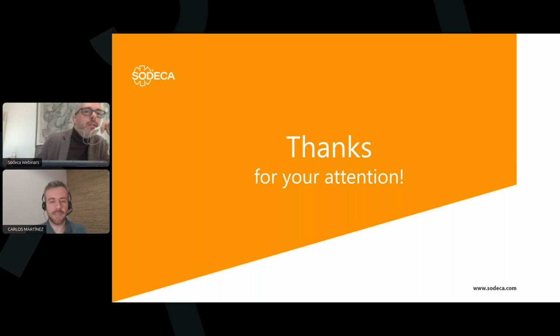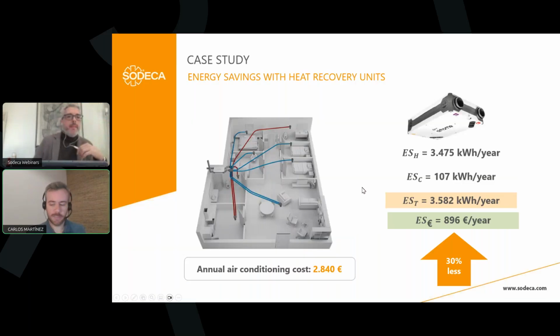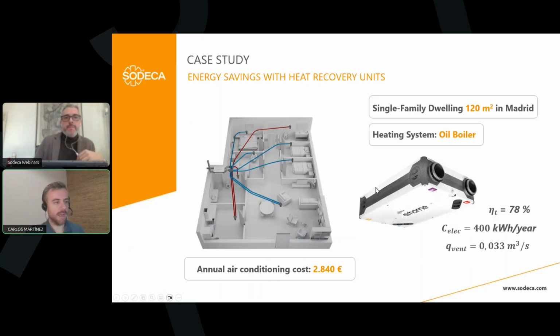Yeah, here we are considering a normal single family dwelling in the north of Madrid. At the start we have both a heating system using an oil boiler and an air conditioning system based on split units.